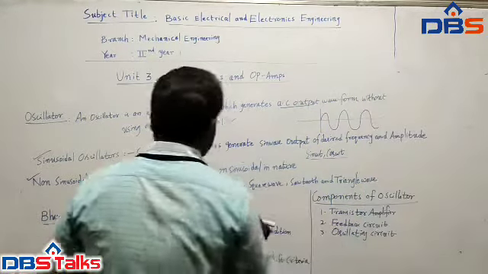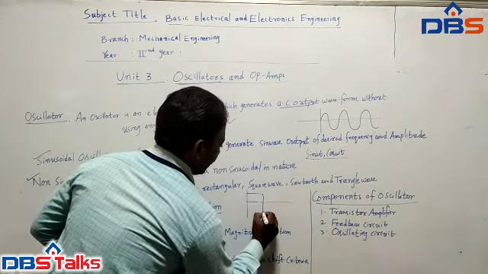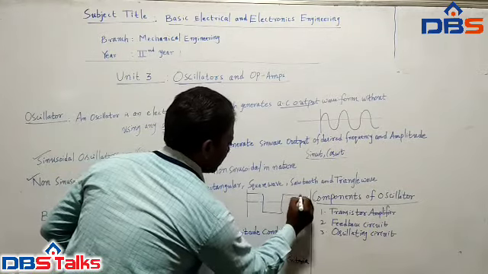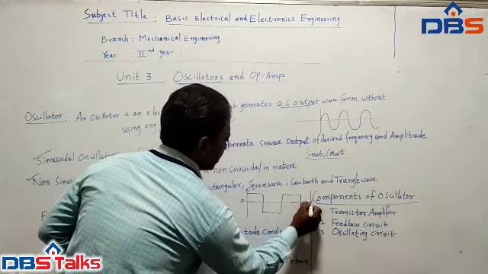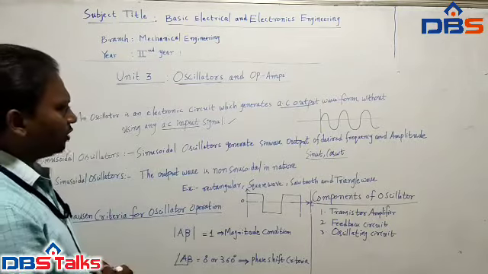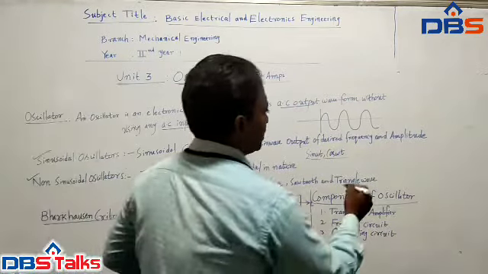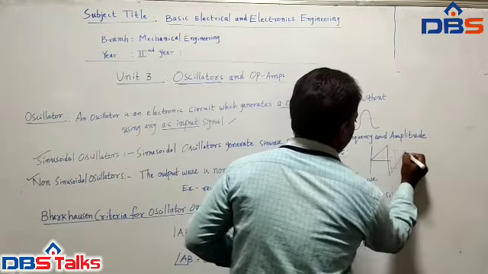Example: a square wave looks like this. If the waveform is in the form of squares, we say that it is a non-sinusoidal oscillation. It is a square waveform. Then a sawtooth waveform looks like this, right?